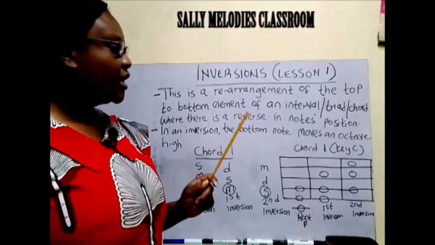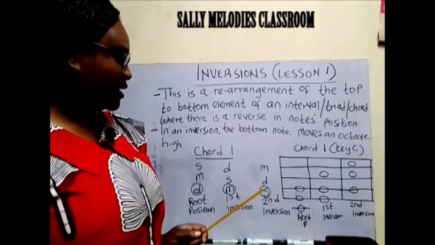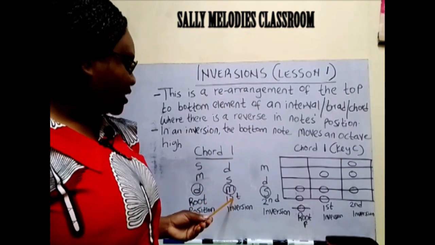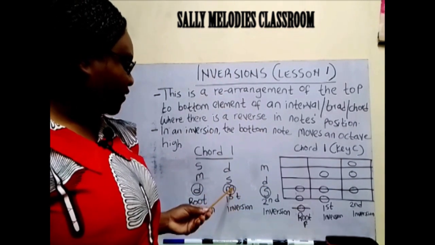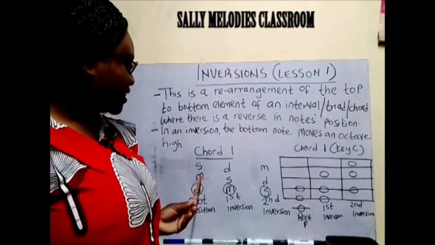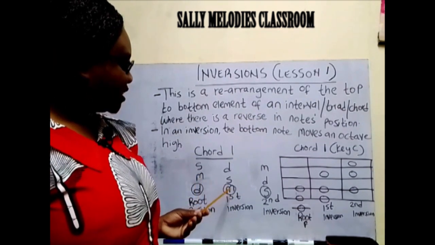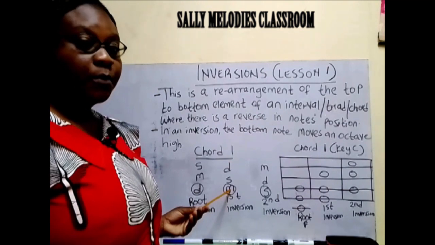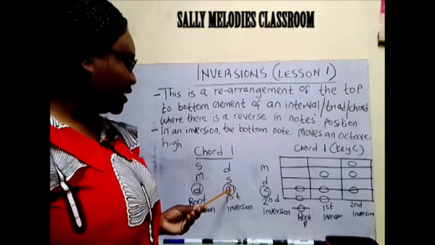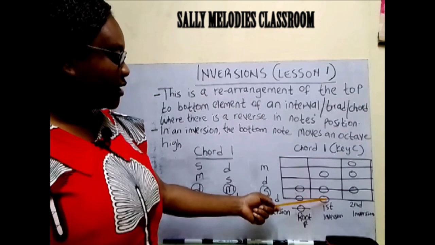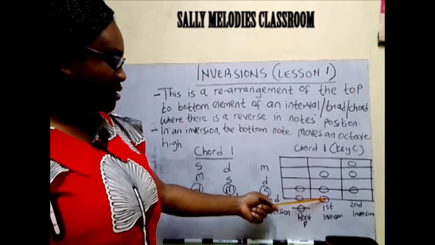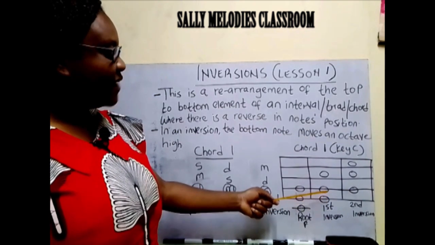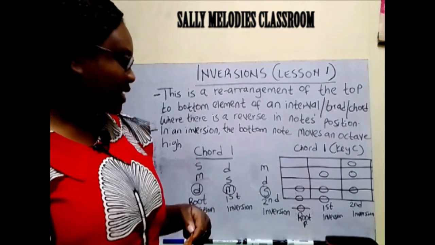And then we are saying, in the first inversion, this third or mi will take the root position. It will come here and take the root position. We start with mi, and then we go to so, and then we go to the octave do. So that is what we were saying.